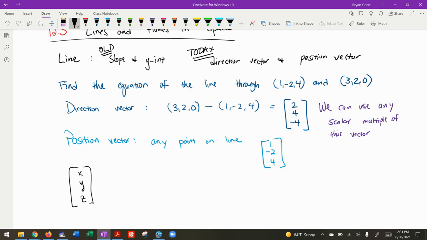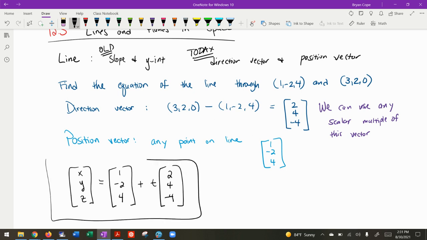Every point x, y, z on the line can be found by starting at the point 1, negative 2, 4, and adding scalar multiples of 2, 4, negative 4. So this equation is one of infinitely many vector equations for the line.